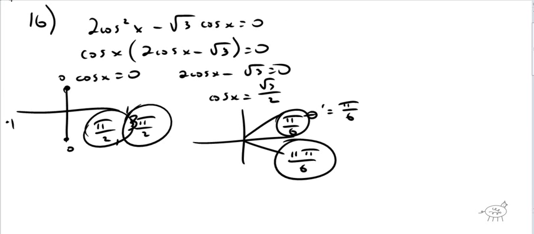And number 18. We got tangent cubed of x equals 3 tangent of x. Again, you don't divide by tangent of x, you subtract to factor.